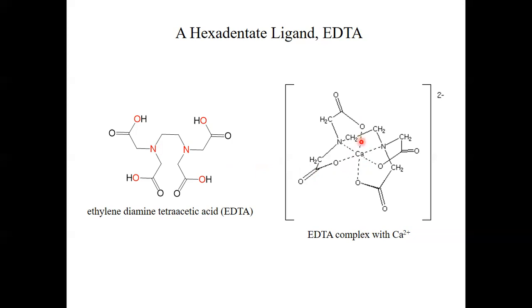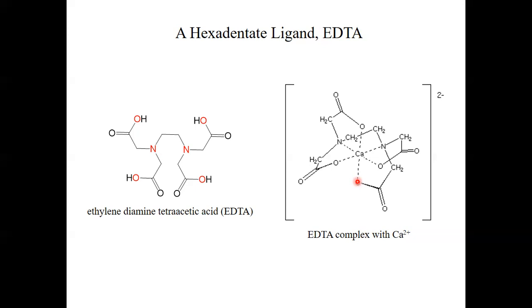Okay, so the 6 dotted lines actually make an octahedron, as you can see. And we only have 5-membered rings between the ligand and the calcium. So because of that, these complexes have a very high stability, which enables applications for them.